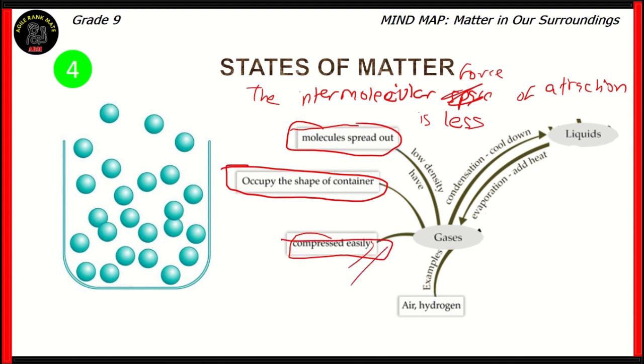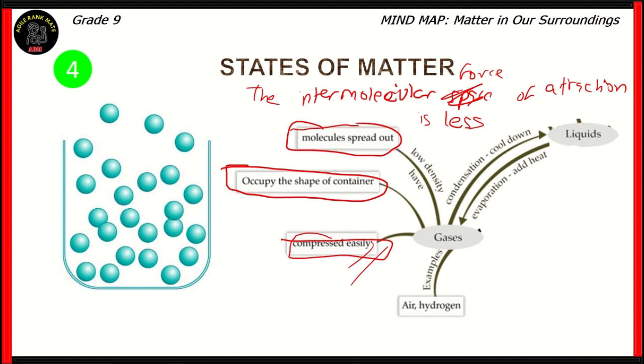For example, if we wave our arms in the air, then we are basically compressing or moving the gases. And if we put both of our hands together, then maybe we are trying to compress a type of gas in the atmosphere. Examples of gases are air, hydrogen, oxygen, nitrogen in its basic form, etc.